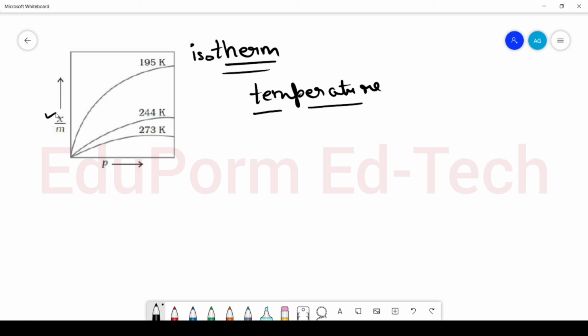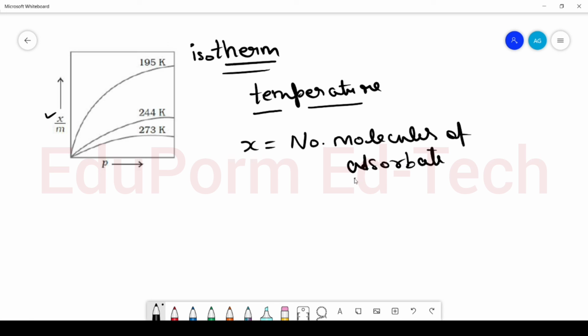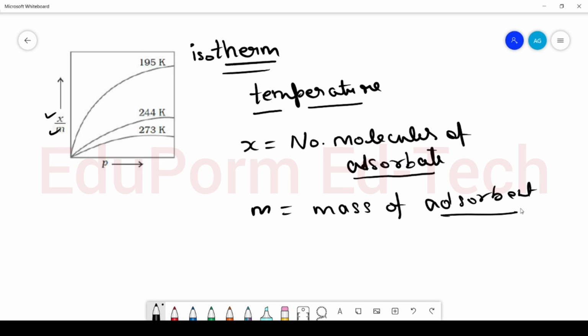Here in this graph, x represents the number of molecules of adsorbate. And what is adsorbate? We have discussed that adsorbate is a substance which gets deposited. And m represents the mass of adsorbent, that means the mass of surface on which adsorption is taking place.